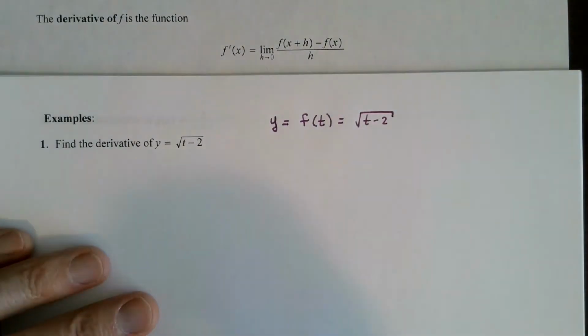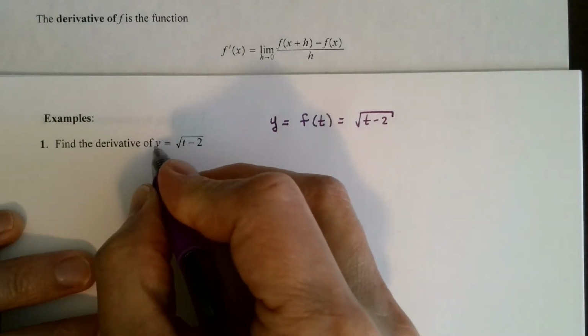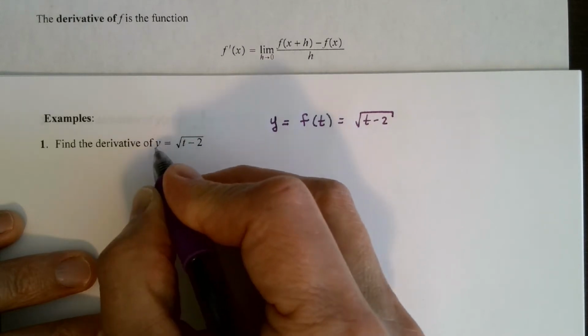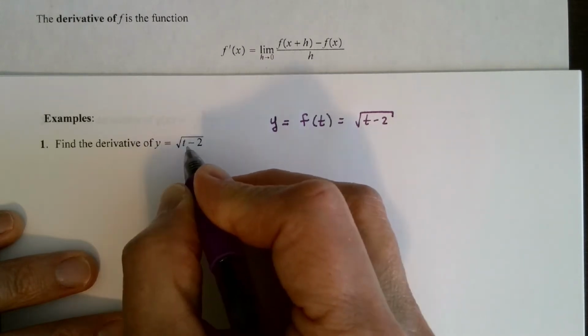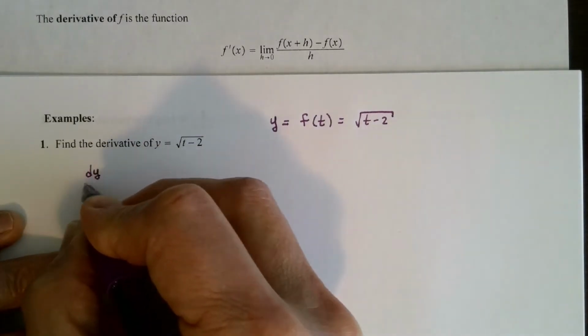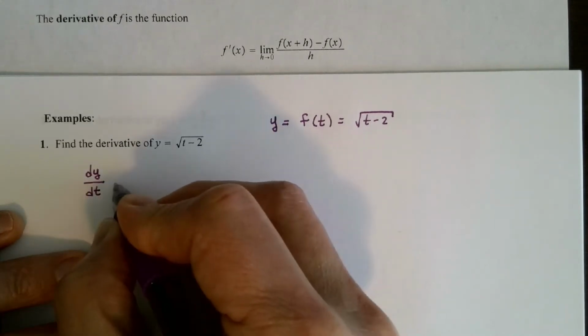And I just want to show you the different notations we can use then. We can say the derivative of y with respect to what? What's the independent variable? t, right? Input a value of t, we can find the corresponding output y. So t is the independent variable. So I can be finding the derivative of y, we say, with respect to t. Okay, that's one way I can write it.